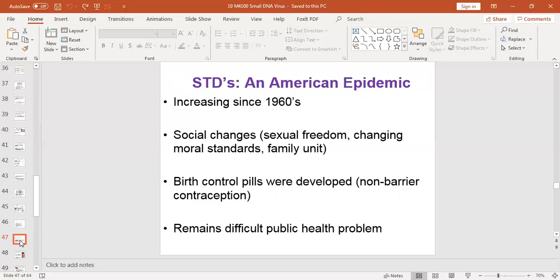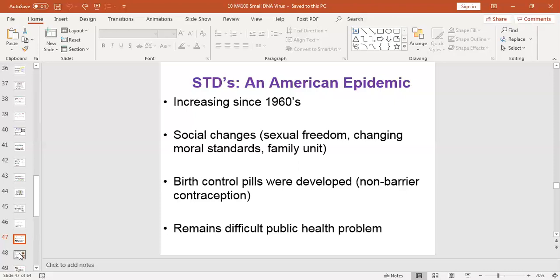Birth controls were developed, so one of the concerns was pregnancy during sex, and because of the development of these non-barrier contraceptions, people's minds were at ease about pregnancy, but what about the diseases? And still, STDs remain a difficult public health problem.